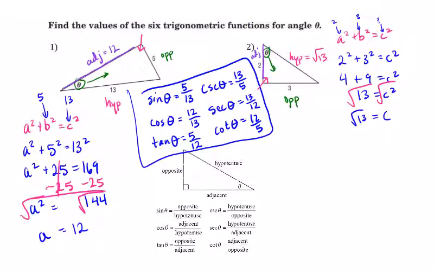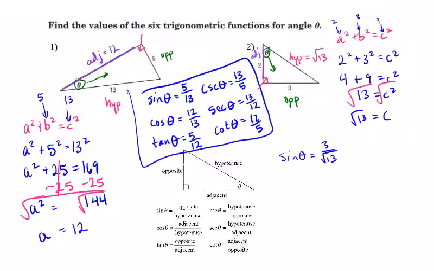So let's find all our ratios. First of all, sine. SOHCAHTOA, sine is opposite over hypotenuse. So it's going to be 3 opposite over hypotenuse root 13. All right, so 3 over root 13. And that's our ratio. But remember that there's an issue when we have a radical in the denominator, right?